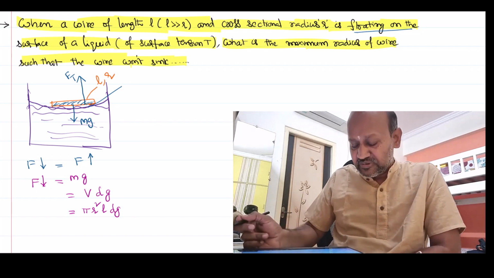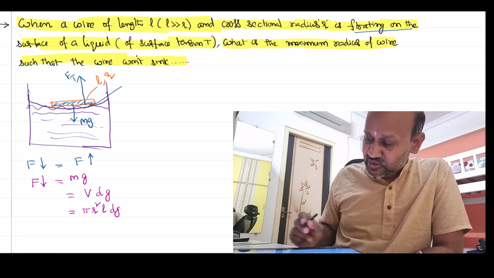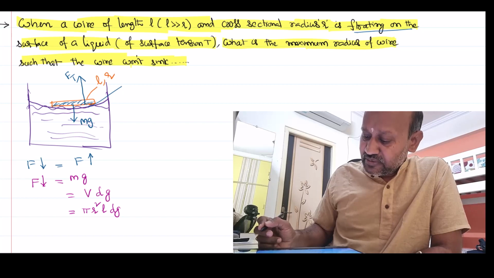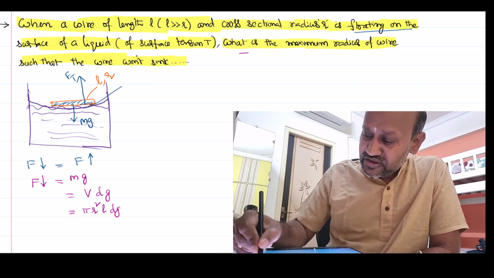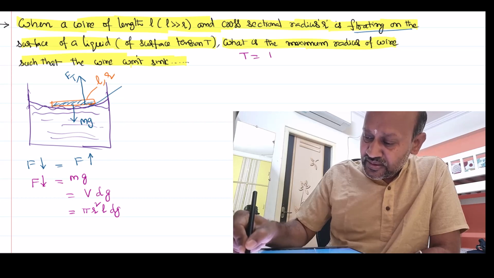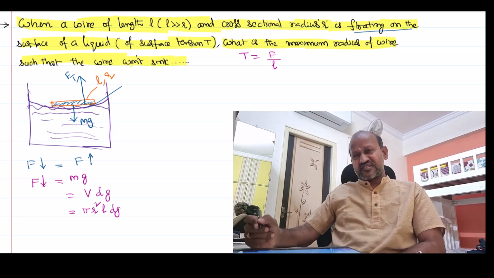Then there must be some force acting in the upward direction due to the surface tension, which can be found based on the definition of surface tension. As we know, it's a force acting per unit length, tangential to the surface.